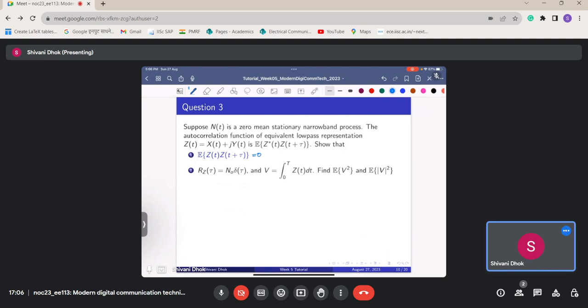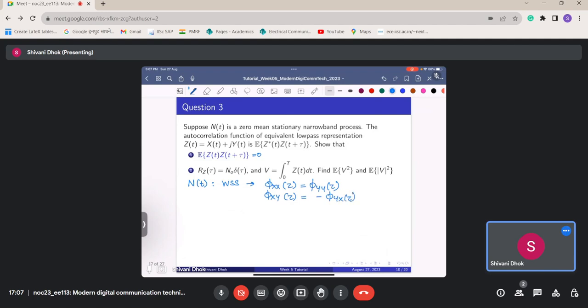So we are given that this n(t) is stationary, which means that it is WSS as well. It is stationary, which means that it will be stationary in the strict sense also. So if this is stationary, then phi xx of tau will be equal to phi yy of tau, and phi xy of tau will be equal to minus phi yx of tau.